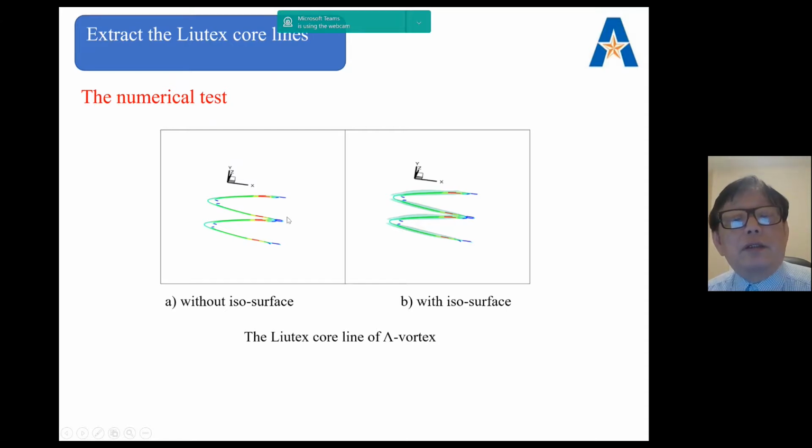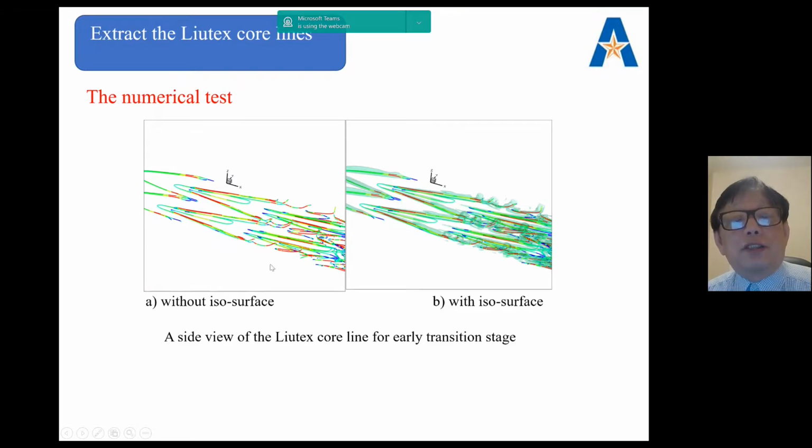For the early transition, we have the lambda vortex. We can take these core lines out. We can also find that these core lines are inside the isosurface. This one is only the Nutex core line.